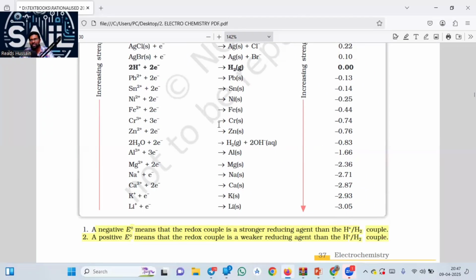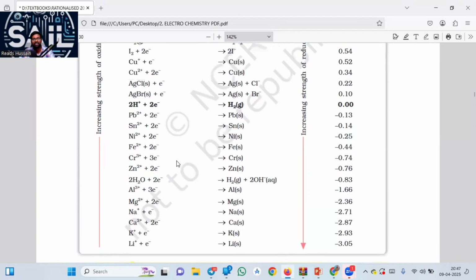Then, what is the use of this electrochemical series? What is the use of these electrode potential values? In previous classes, many times we discussed the galvanic cell. In that galvanic cell, we used zinc as anode and copper as cathode.